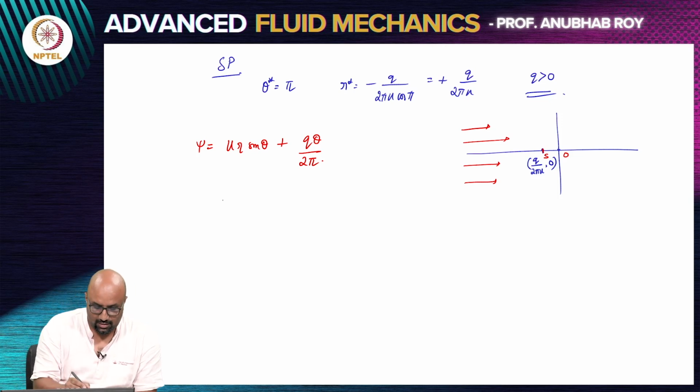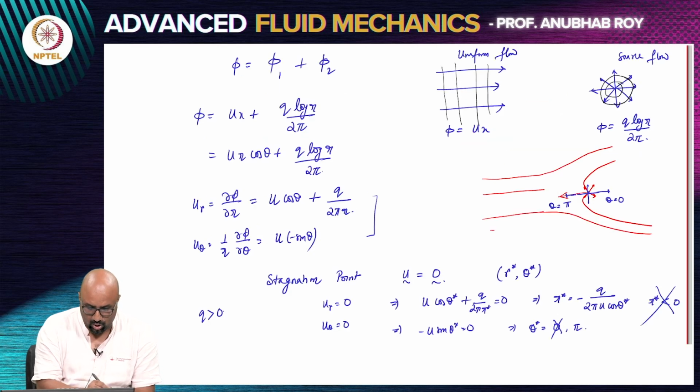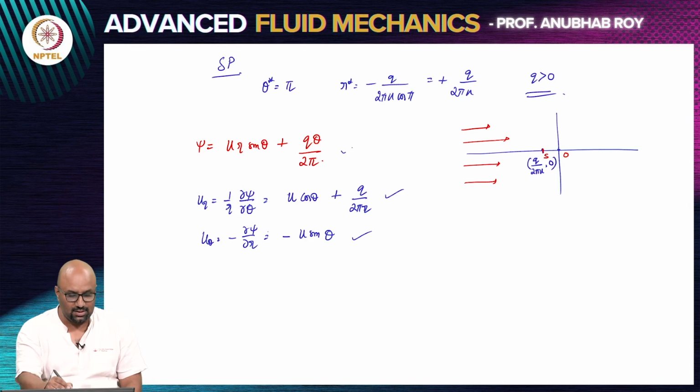You can verify that u_r is 1 by r dou psi dou theta, which gives u cos theta plus q by 2 pi r, and u_theta is minus dou psi dou r, which gives minus u sin theta. So this is the corresponding stream function.